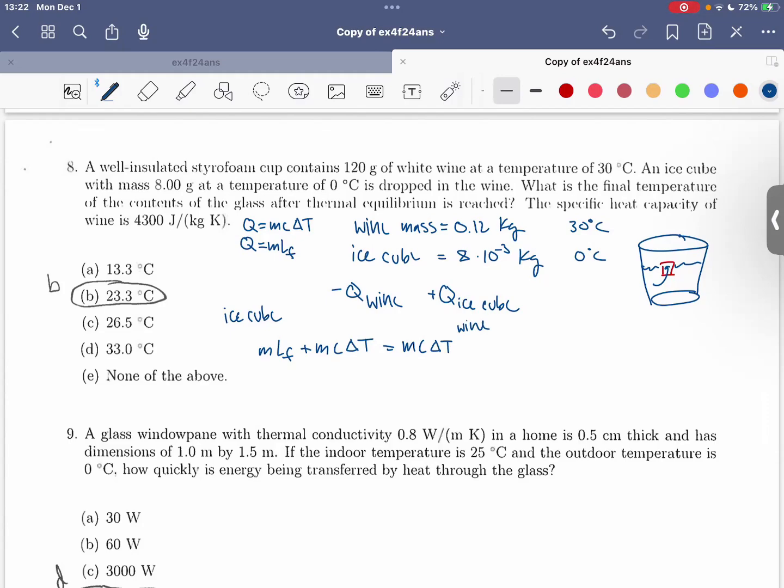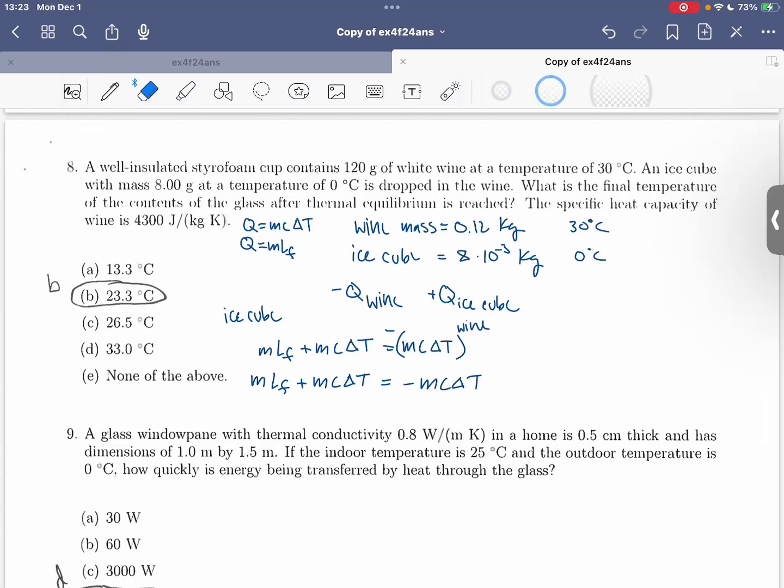Okay. But since the heat is flowing out of the wine, we have to be careful with our signs. And we're just going to call this negative. So MC delta T is equal to negative MC delta T. Okay, and then from here, we just plug things in.